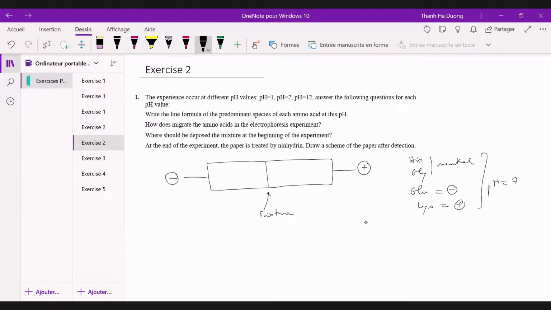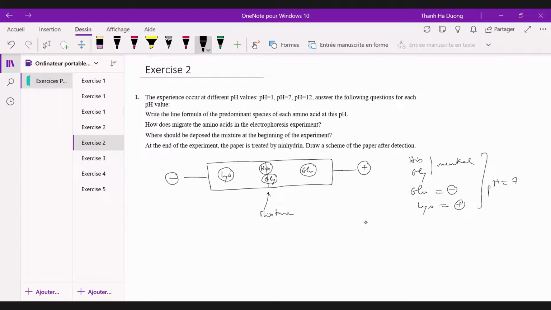And at the end, glutamate will be here, lysine on the other side, and histidine and glycine stay where we put the mixture.